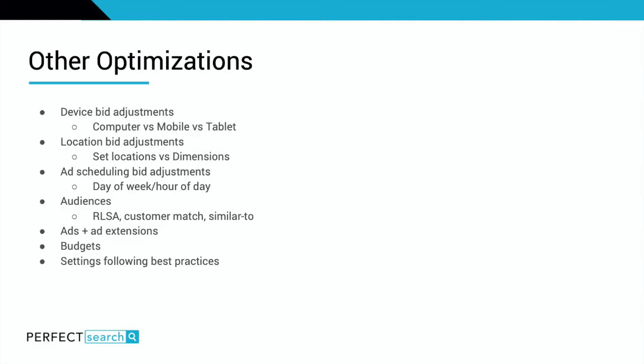Your audiences. So your remarketing audiences for search, things like your customer match lists, similar to audiences, in-market audiences, affinity audiences, detailed demographics, life events, all the different types of audiences there are nowadays that you can layer onto search. It's a really good way to hone in on performance.